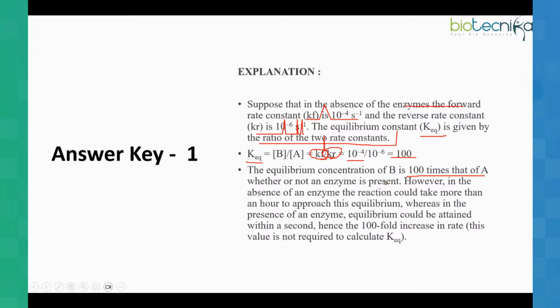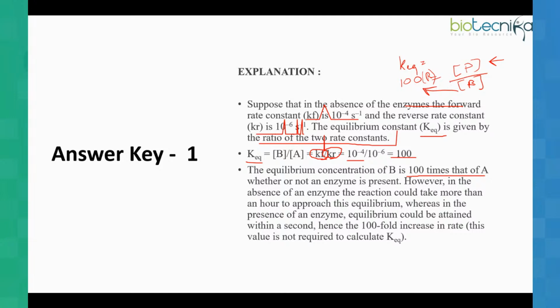So we can say that the equilibrium constant Keq is also supposed to be 100. So 100 is equal to B, the product, divided by the reactant. That means the product is 100 times that of the reactant.